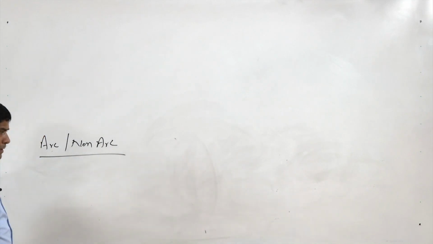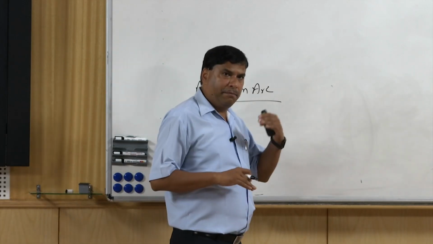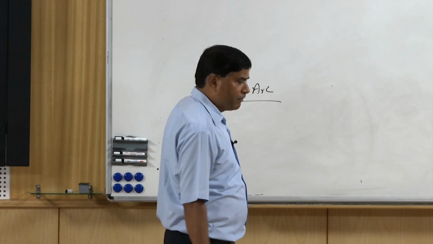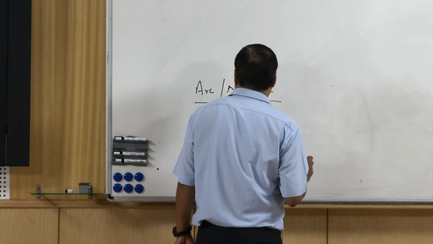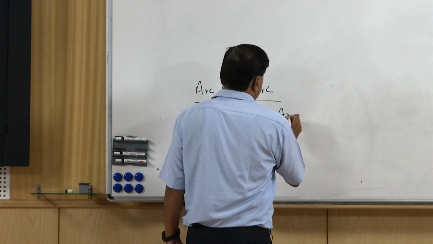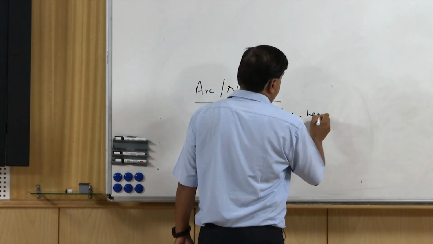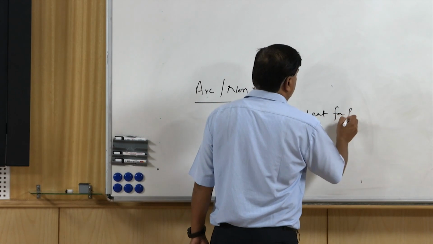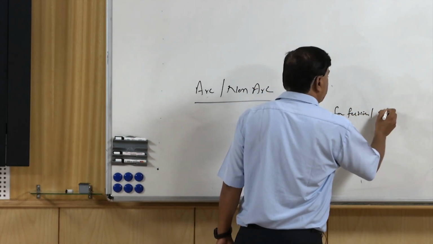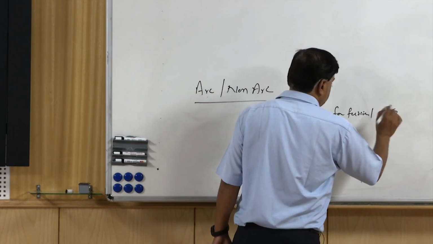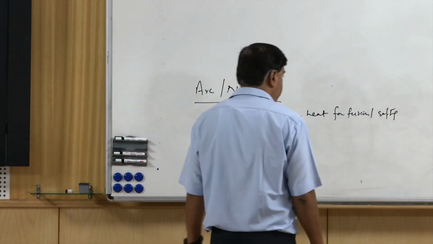All those processes where heat for the purpose of melting or softening is obtained from the arc, like the arc generates the heat basically for fusion, and very rarely it is used for the softening purpose, mostly it is for the fusion purpose.